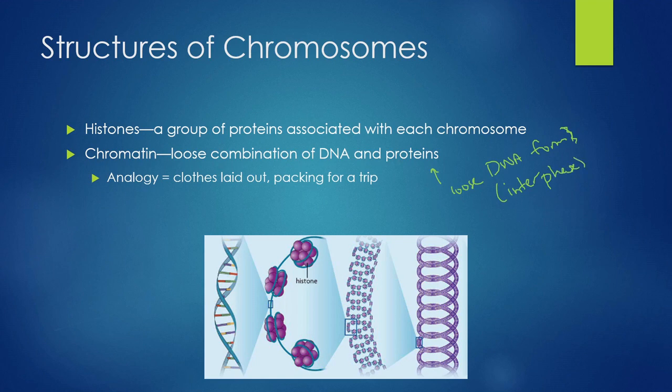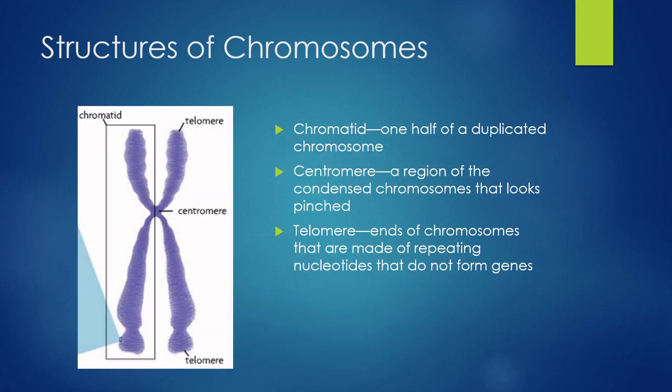So when the cell's not dividing, chromatin is going to exist. It's still compact because DNA is a huge and very long molecule, but it's going to be easier to get into. And then within a chromosome, you have a couple different things. Each half is called a chromatid. It's the same section or same information on both sides, and then the centromere is what connects them.